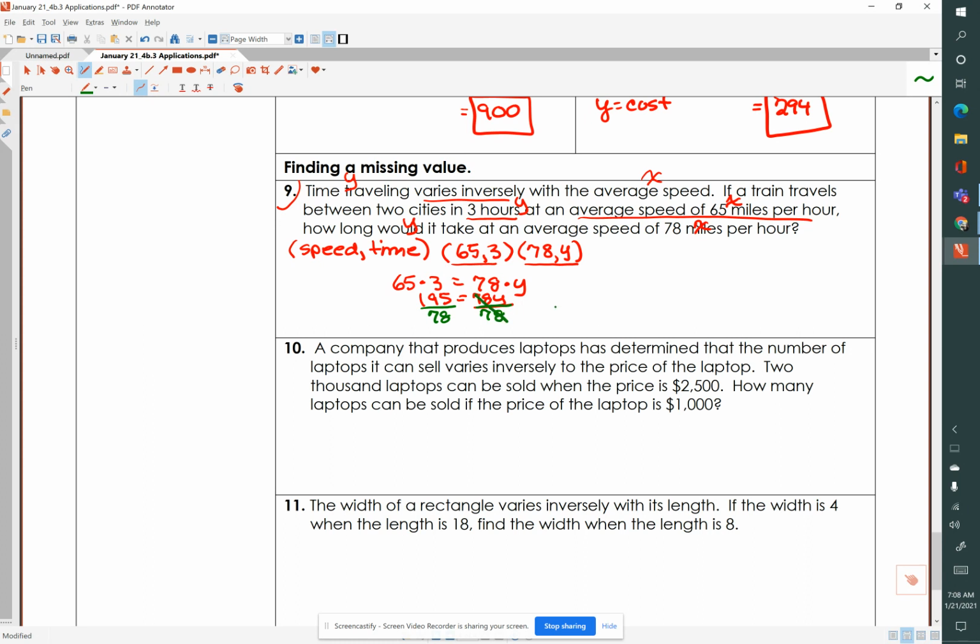And when we do that, y equals 2.5. And what does that answer mean? The question says, how long would it take? And the context of this problem is hours. So 2.5 hours it would take.